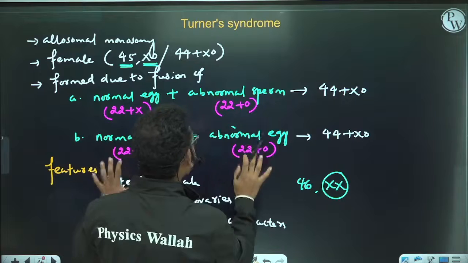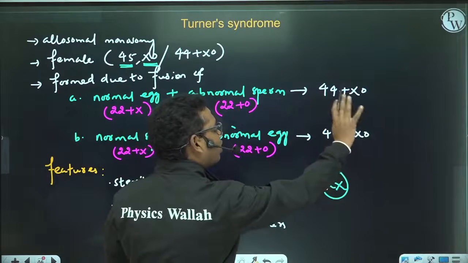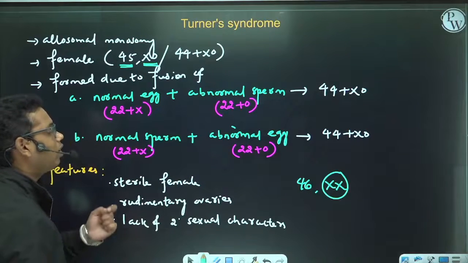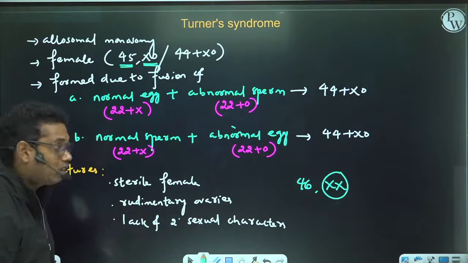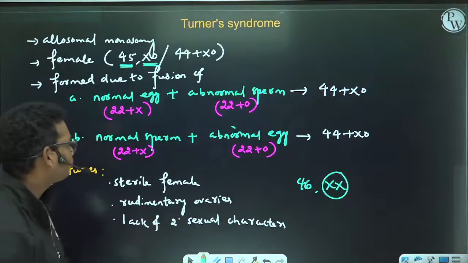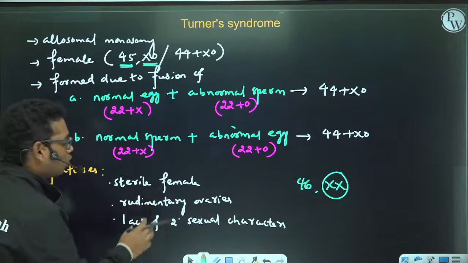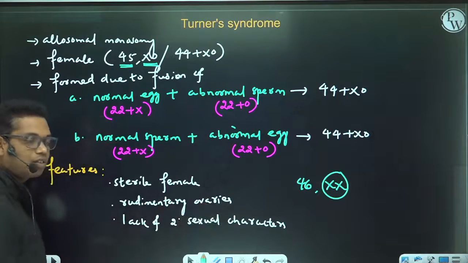So in both cases, 44 autosomes and 1 X chromosome but no second X chromosome. That is why that person will be female but will suffer from Turner syndrome. And that female will be sterile because of rudimentary ovaries, and it will also lack other secondary sexual characters.